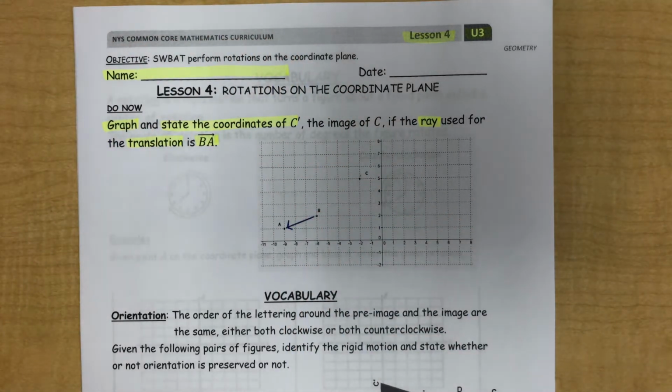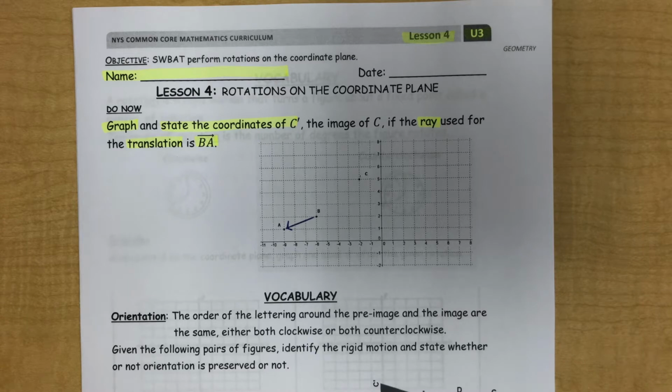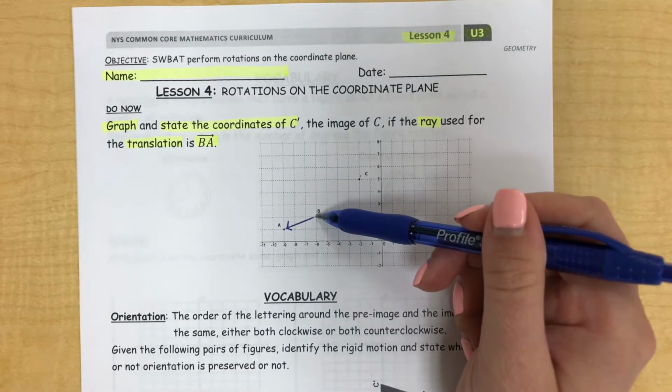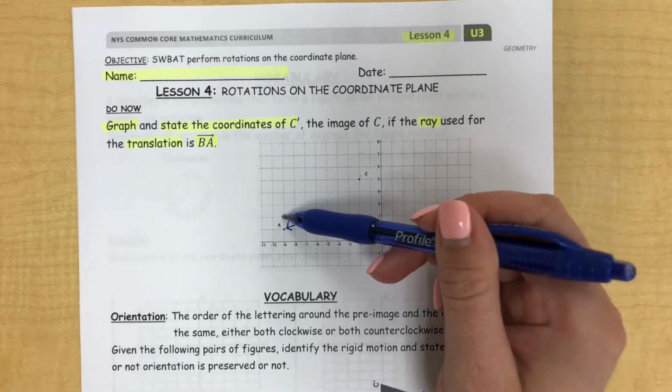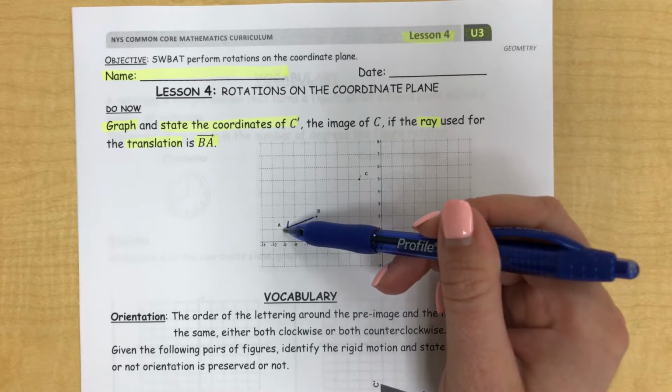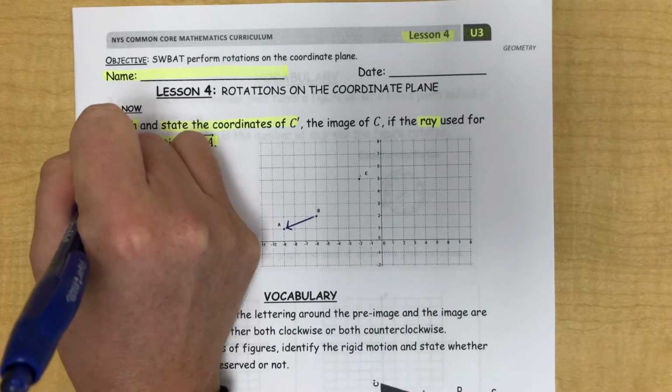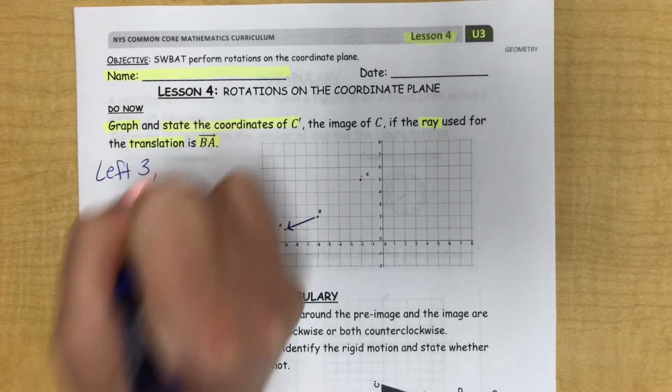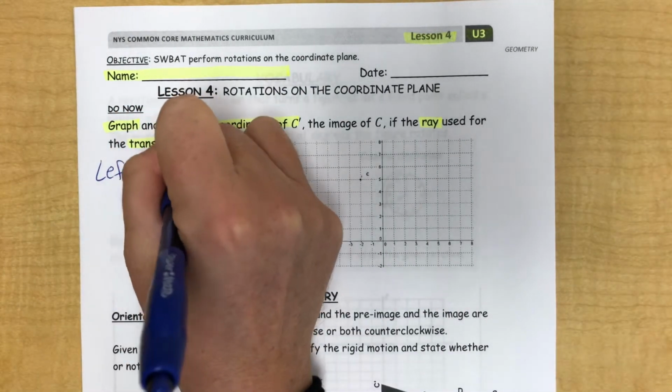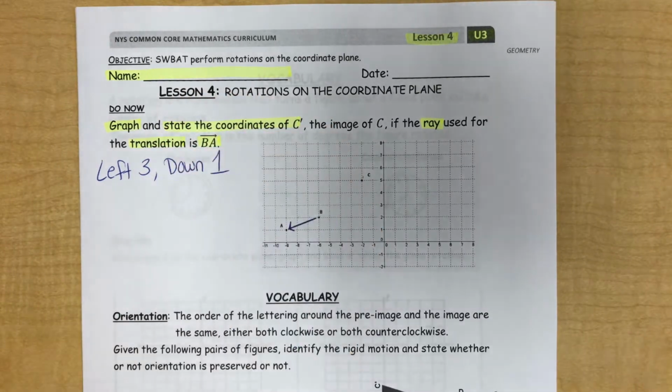Okay. And now I'm going to ask myself, well, how do I move from B to A? Well, to get from B to A, I have to go 1, 2, 3 to the left, and then 1 down. So I'm going to just write that on the side. I have to go left 3 units, and then down 1 unit.